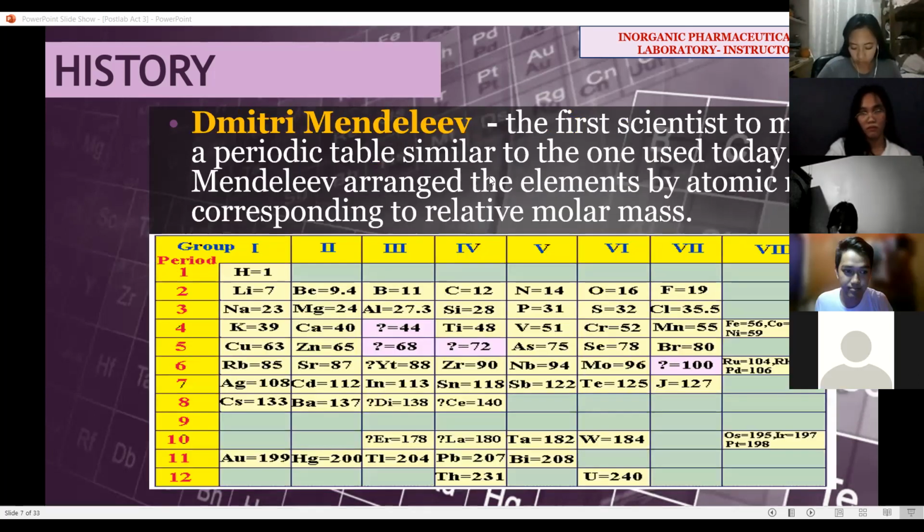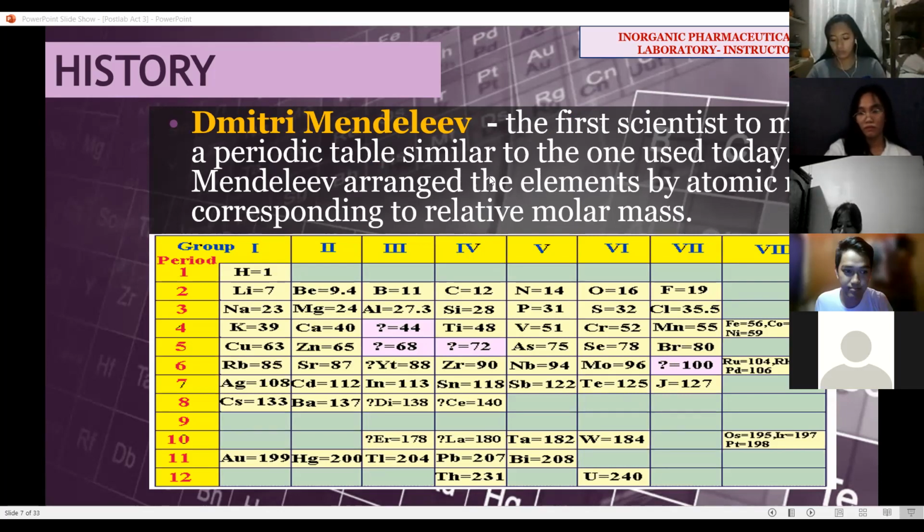And the one that is very much siya gyud ang kanang ginahatagan og pagkilala when it comes to the periodic table, it's Dmitry Mendeleev. Okay? So he actually arranged the elements sa increasing atomic mass. So muna inyong tandaan, pag Dmitry Mendeleev, atomic mass ang iyahang arrangement, increasing atomic mass in the periodic table.